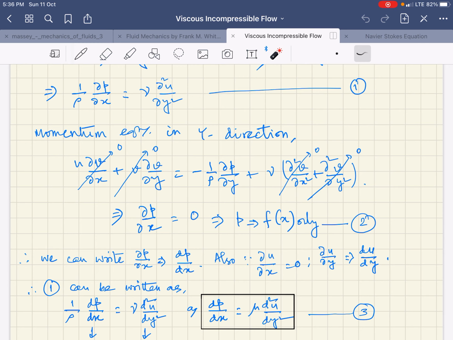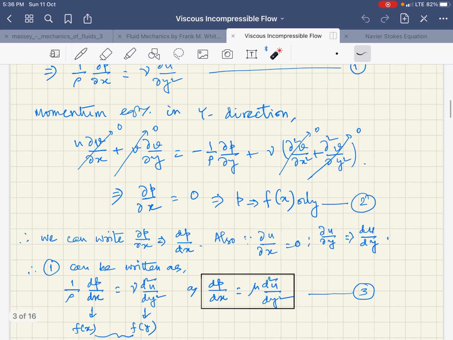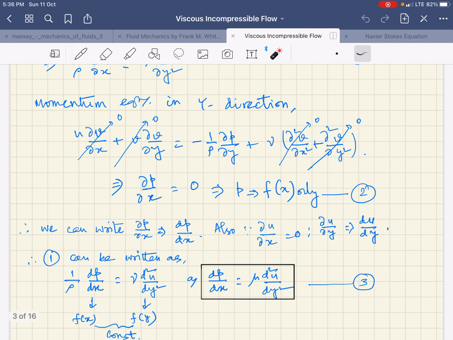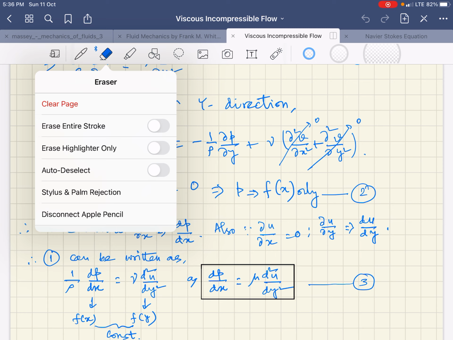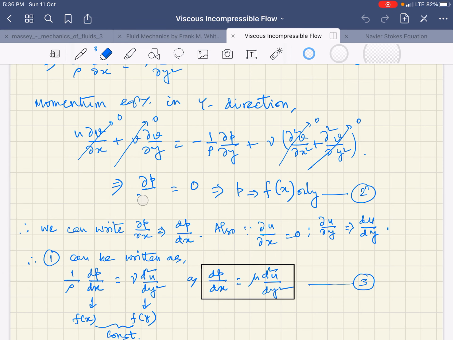So the only term that remains is ∂p/∂y. Here there is a mistake which we can correct.